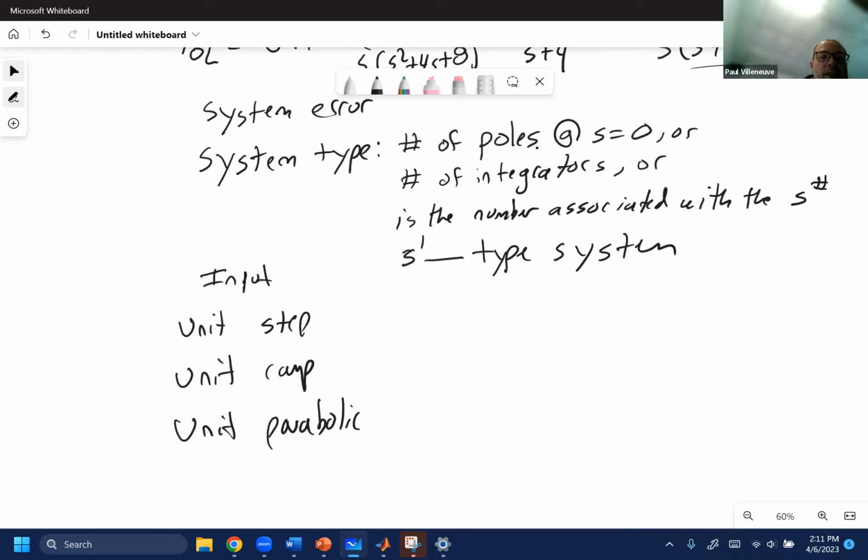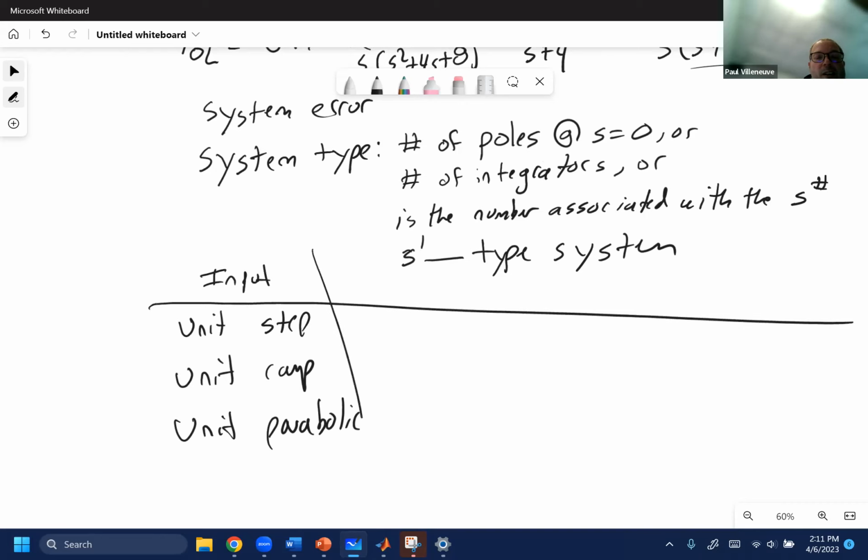So for the input, here's where I've got to go ahead and start to specify. So this is my constant. Okay. So my constant here for the unit step is a position constant.